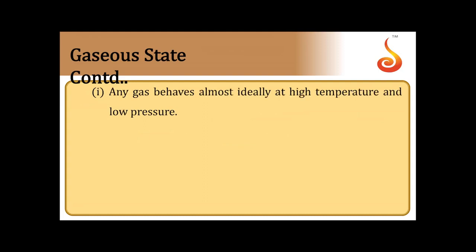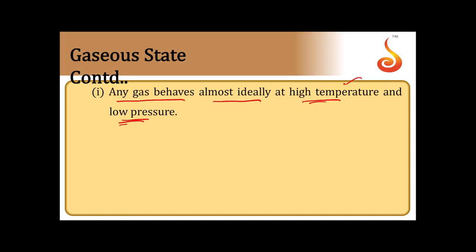Now, any gas behaves almost ideally at high temperature and low pressure. What happens under these two conditions? When you take high temperature and low pressure, the molecules will be moving far away from each other. When they are far away from each other, the force of attractions between the molecules will be negligible.